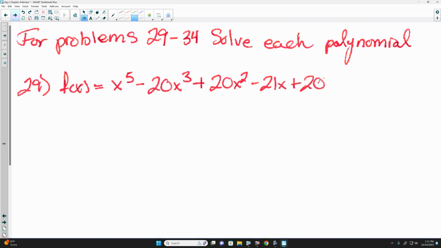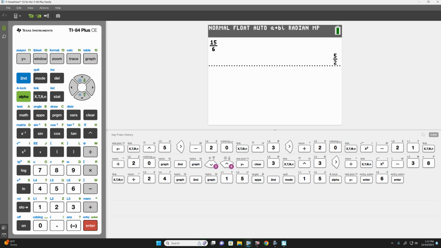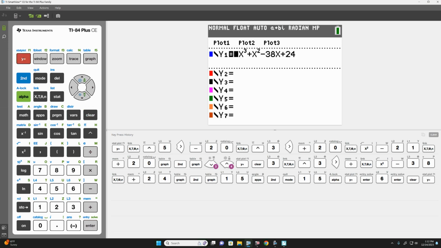So how many solutions should we have? The first thing I would do with any of these here is graph it. Because if we graph it and find 5 solutions, we are done. Because if we find 5, we've found them all and we are finished.